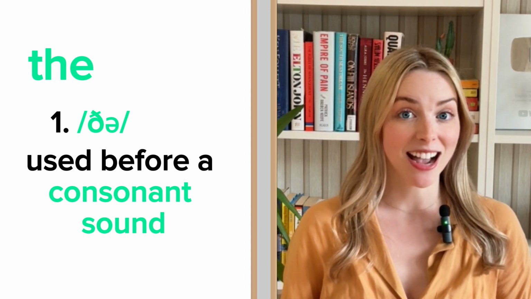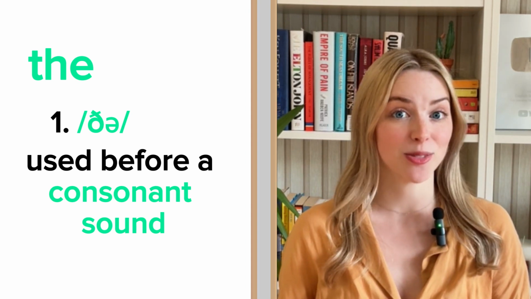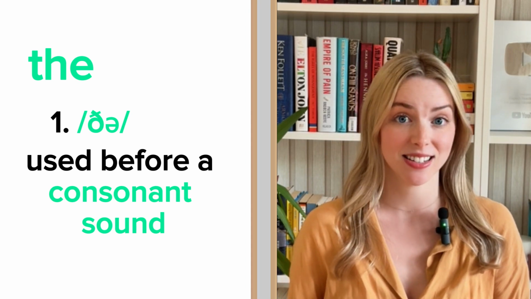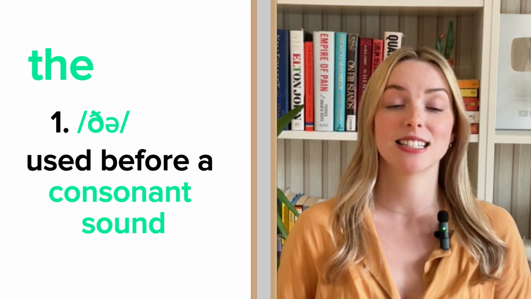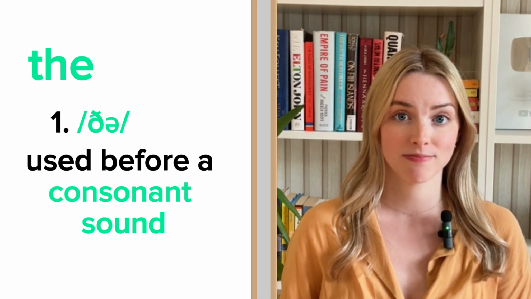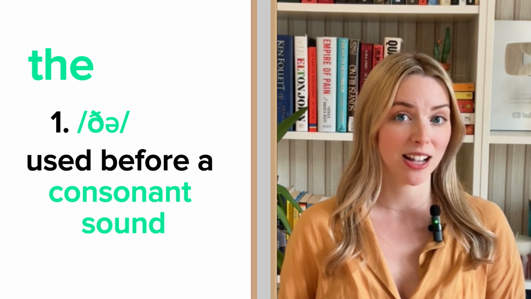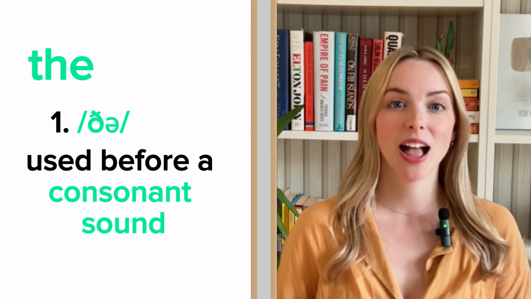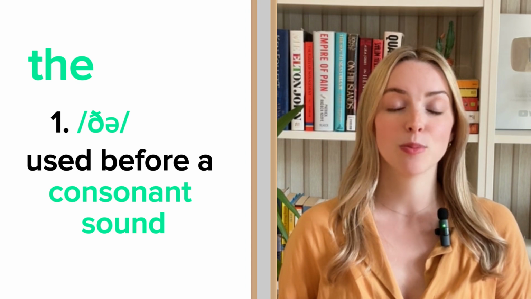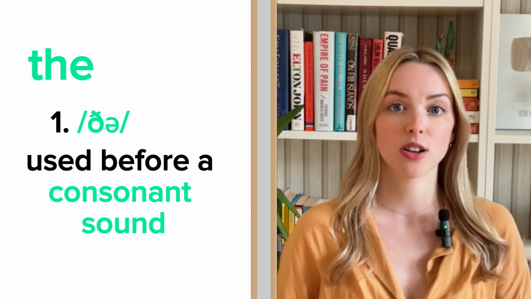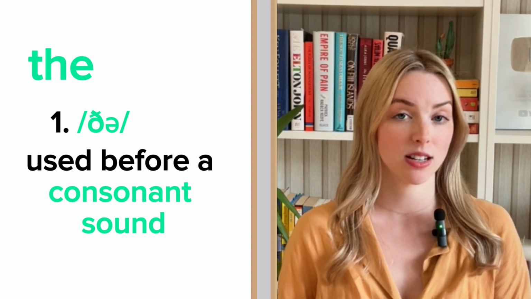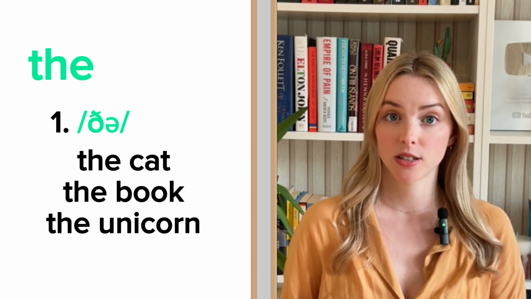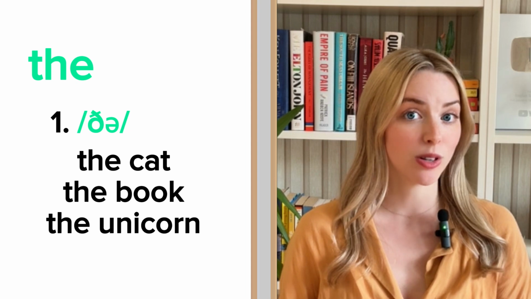And you'll notice I say consonant sound, not just when a word starts with a consonant, because English is not a phonetic language. And if you've been learning English for a while, you've probably figured that out by now. Okay, so the is used before words that start with a consonant sound. The cat, the book, the unicorn.